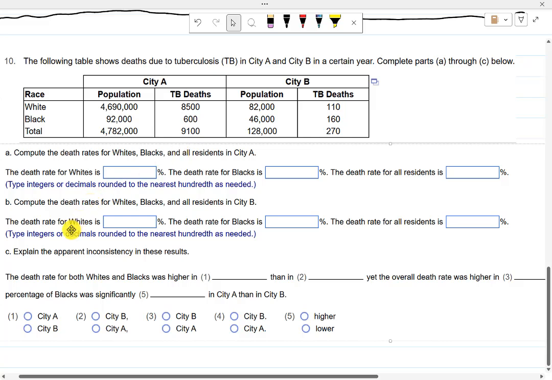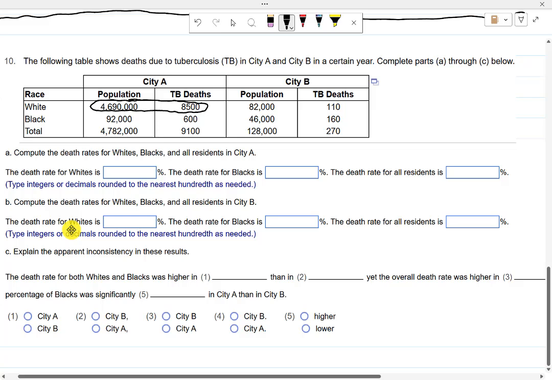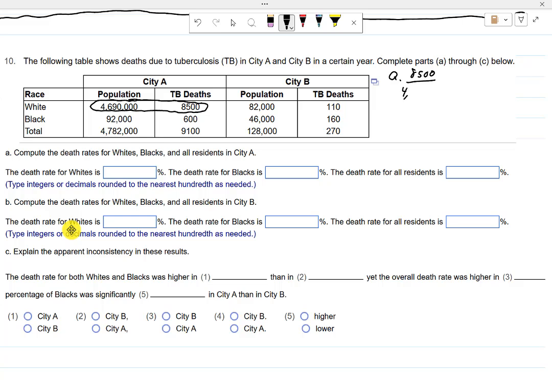So when we're talking about the white and black death rates, we should take, this would be for the white. So for that computation, we want to do 85 over 4,690,000. So we'll take the 8,500 over the 4,690,000, and then that final answer, multiply it by 100%.